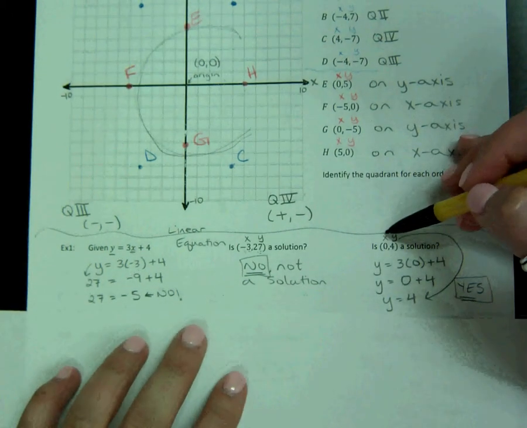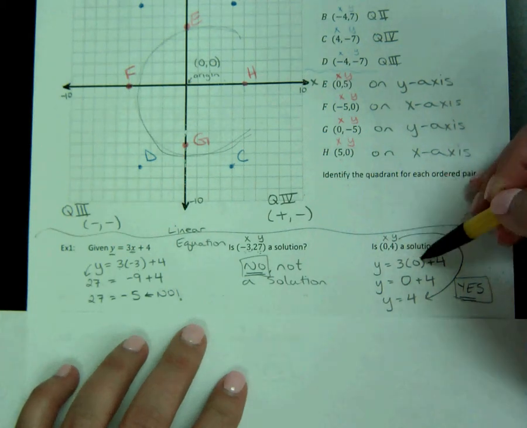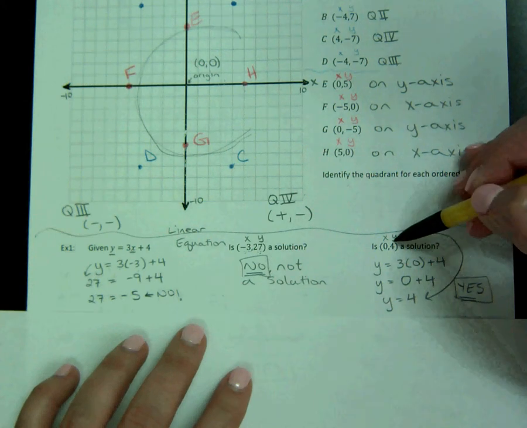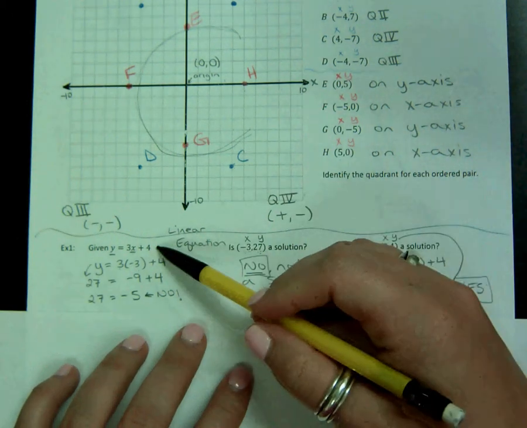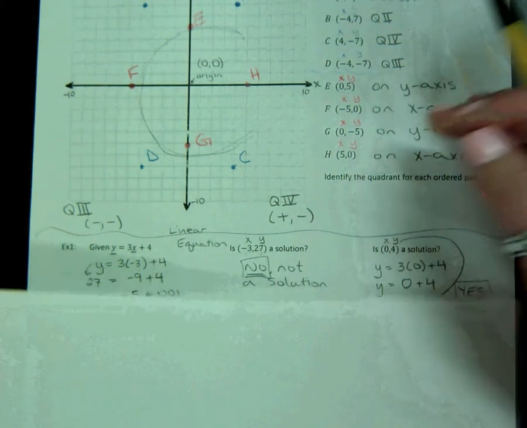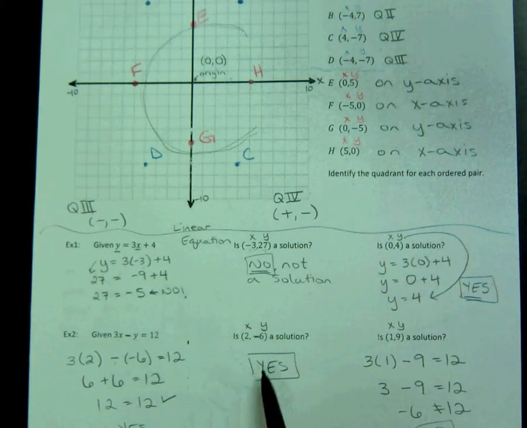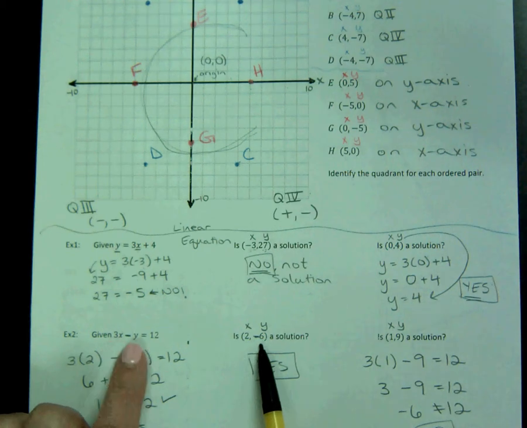I did the same thing with this other ordered pair, 0, 4. I plugged in 0 for x. I worked it out to see if I get 4. And sure enough, I did get y equals 4, so that is a true ordered pair, good solution for this equation. Same idea on example 2. I plugged in 2 for x, and I plugged in negative 6 for y.